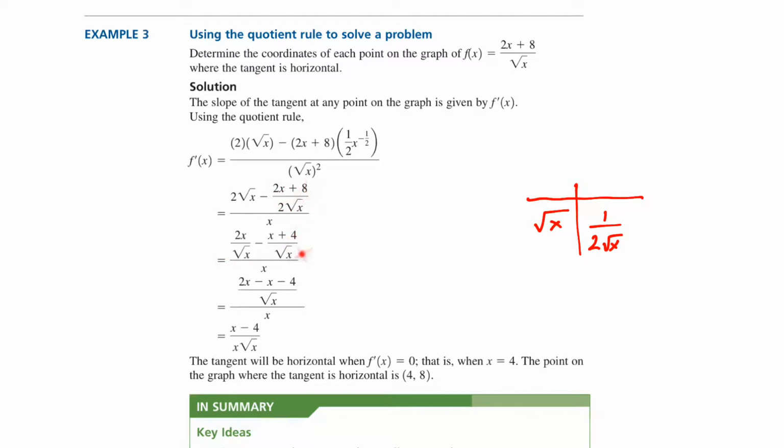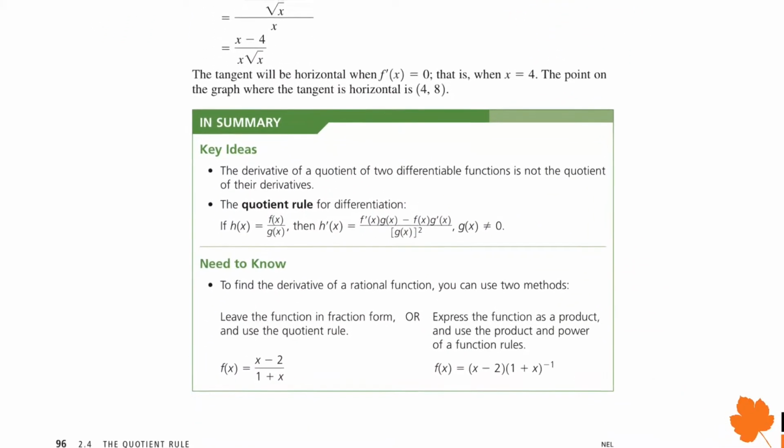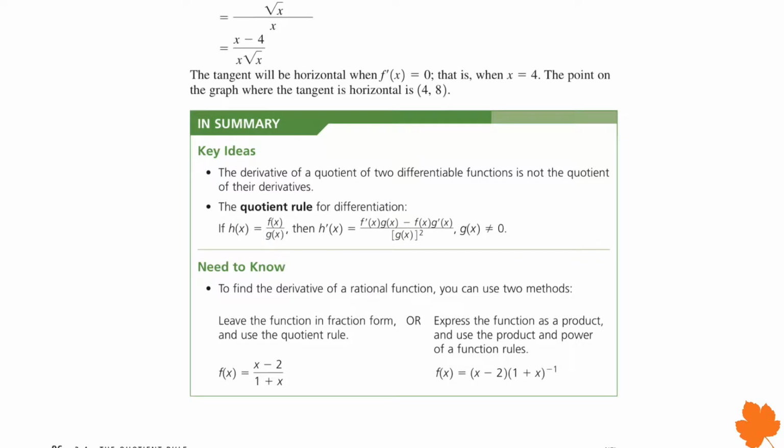We take the common denominator on the numerator of the function, 2x minus x minus 4 over root x, which is x minus 4, divided by x root x. The derivative is 0 when x is 4. Therefore, at point 4 and 8, the tangent line is horizontal.